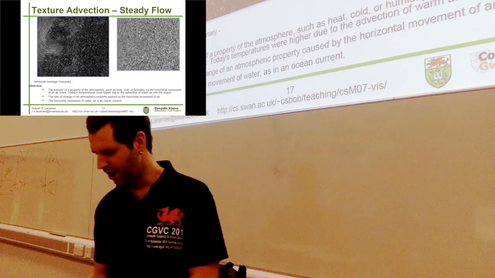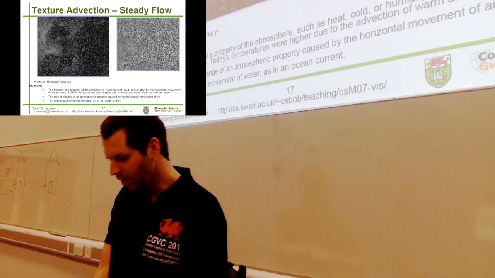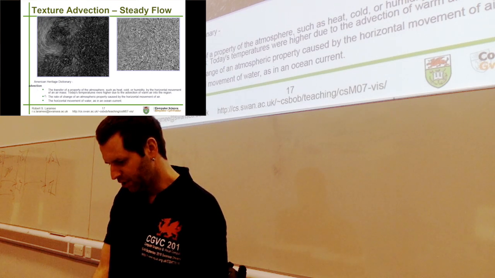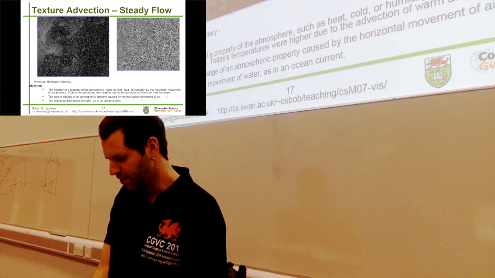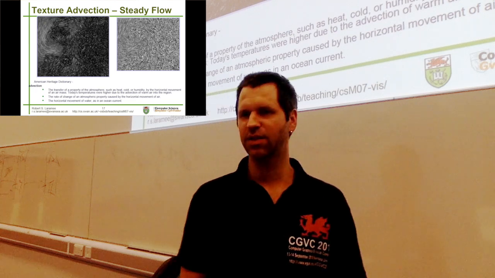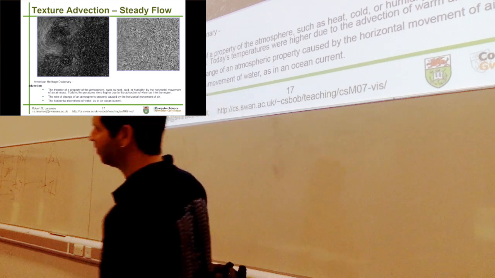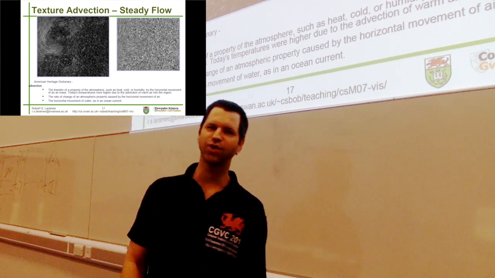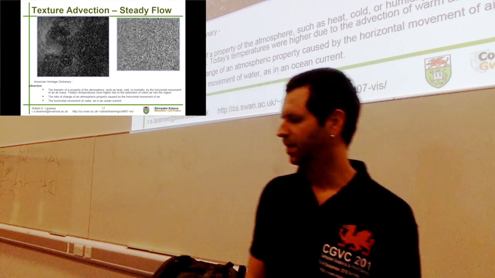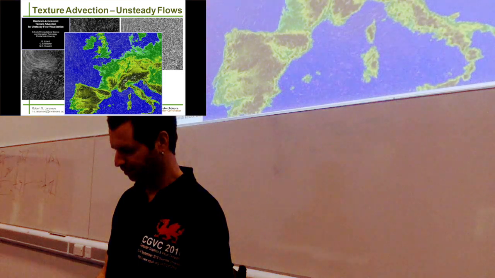Today's temperatures were higher due to the advection of warm air into the region. Another definition is the rate of change of an atmospheric property caused by the horizontal movement of air, or the horizontal movement of water as in an ocean current. But in this case, it's the horizontal movement of texels, so texture advection, as opposed to the more general case of advection.